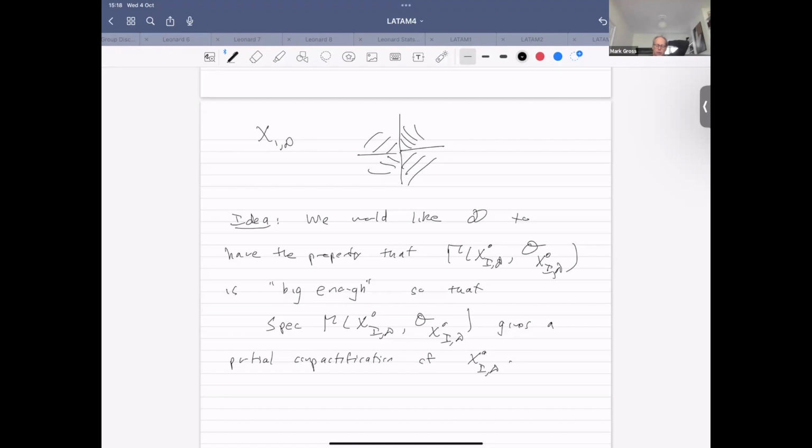What this means is you have to have enough functions to be able to recover not just the geometry of this, but the geometry of its partial compactification.